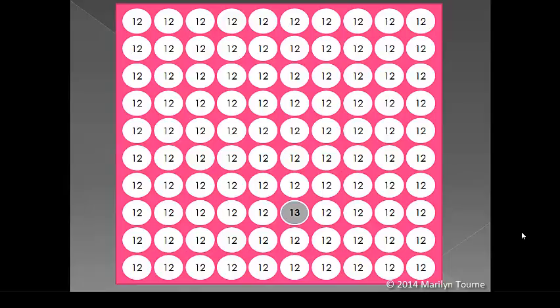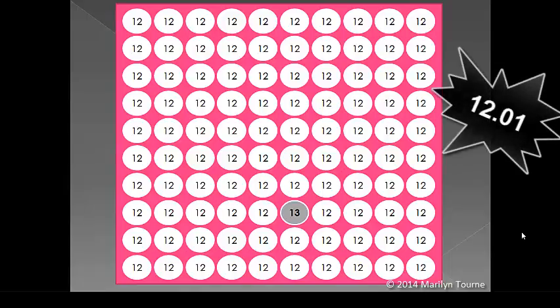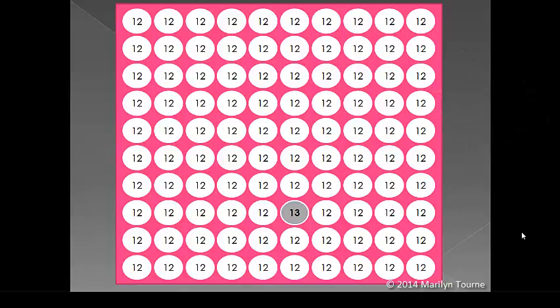Now, I want you to go to the front cover of your book and tell me what is the mass that you see for carbon. The mass is 12.01. Why do you think that is? It's because the masses that you see in the periodic table are an average of all the isotopes for that given element.